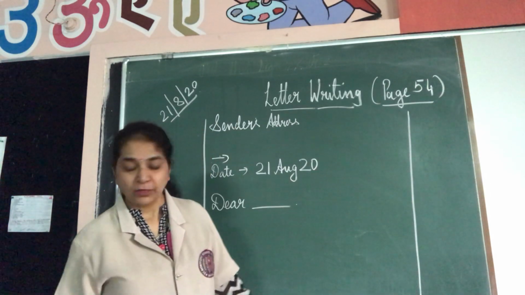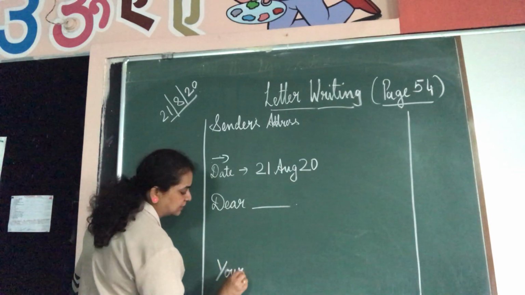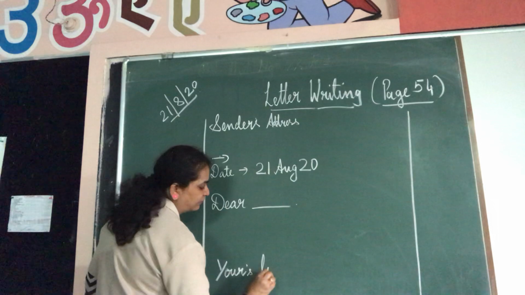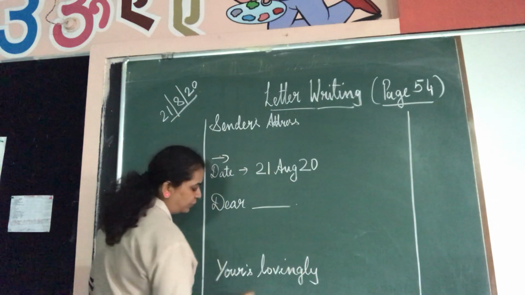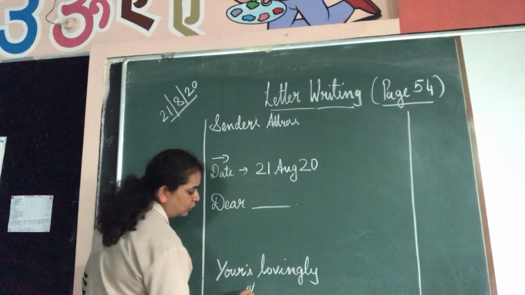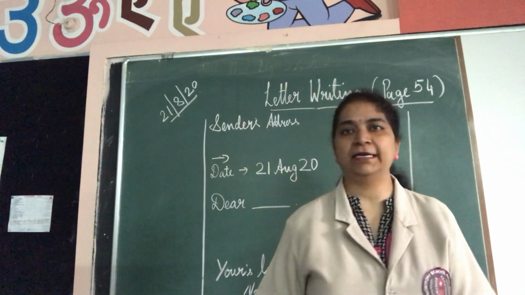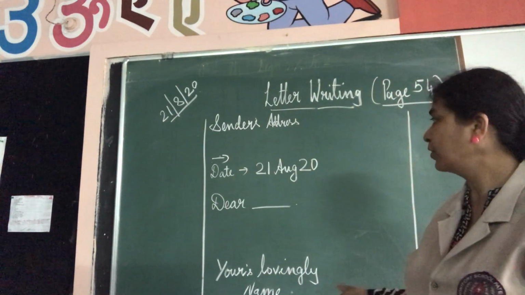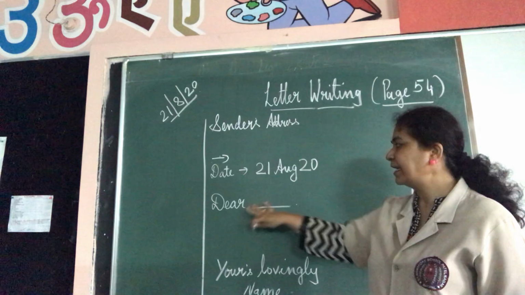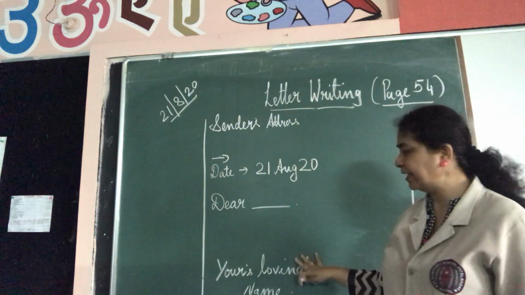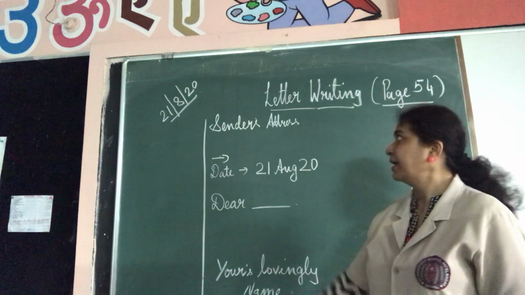And last, after completing this side, you will write Yours lovingly, and then you will write your name. This is the format of your letter. First you write your address, then the date, then write Dear and write the whole letter, then write Yours lovingly and write your name.